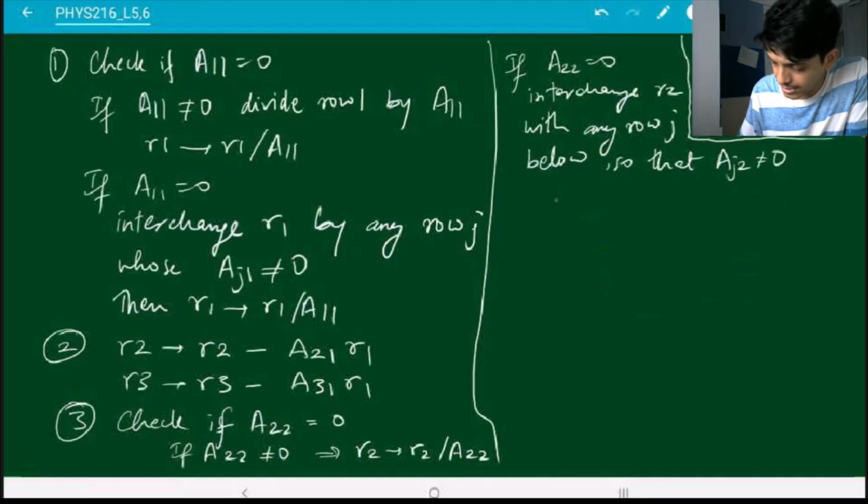And now having interchanged that, you can do R2 going to R2 divided by A22.